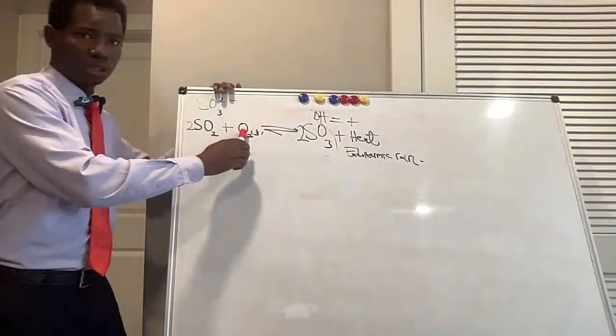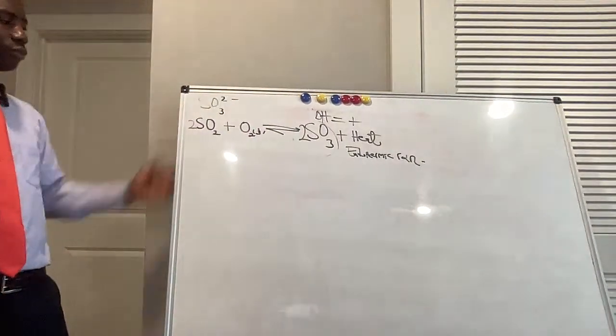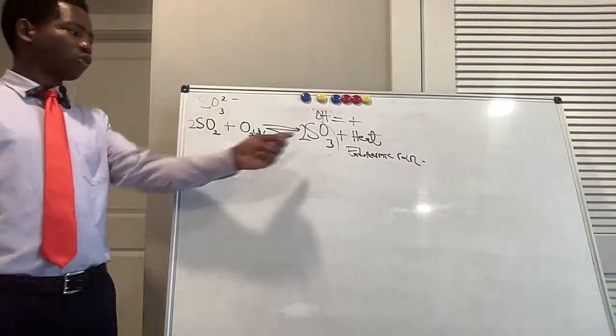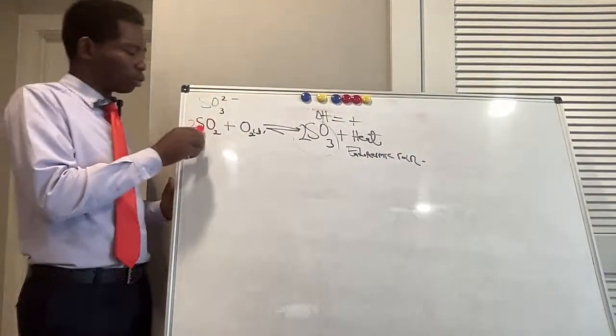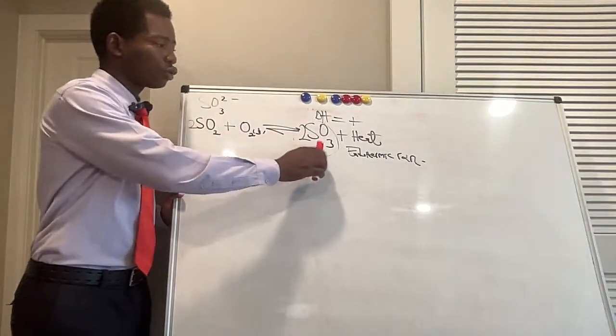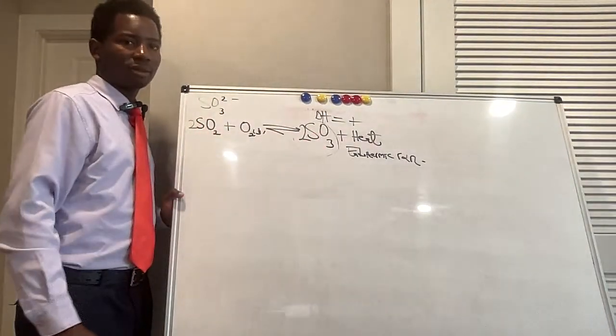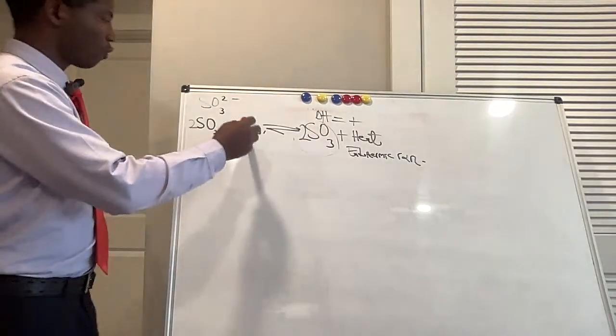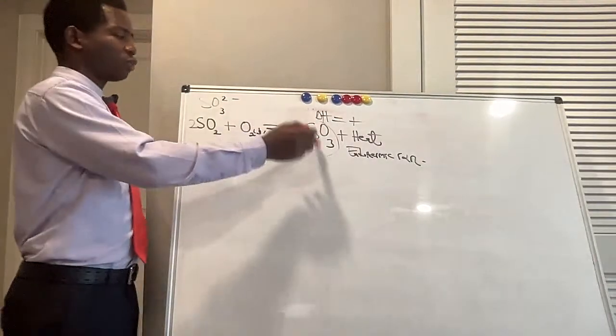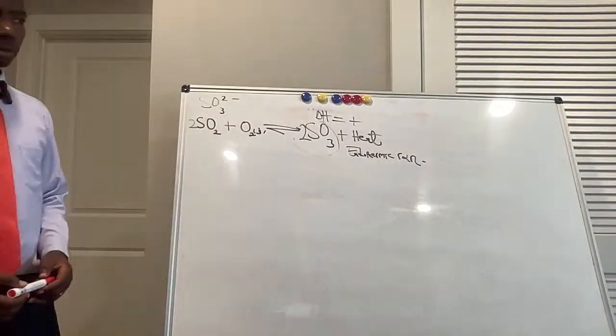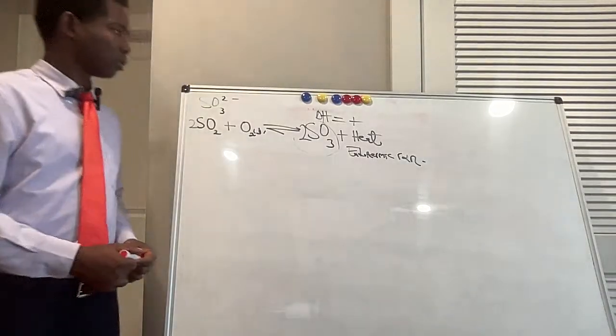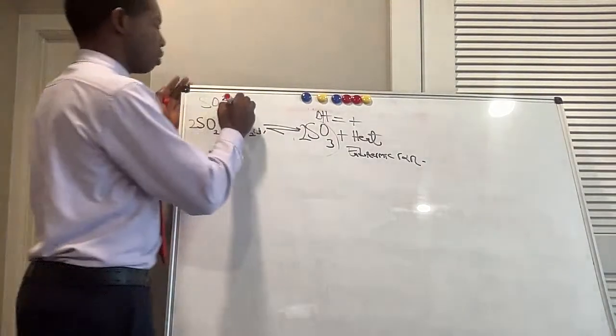When you add oxygen to this system, what happens? More sulfur 6 oxide, because the oxygen is going to combine with sulfur 4 oxide to produce more sulfur 6 oxide. We are in a closed system.